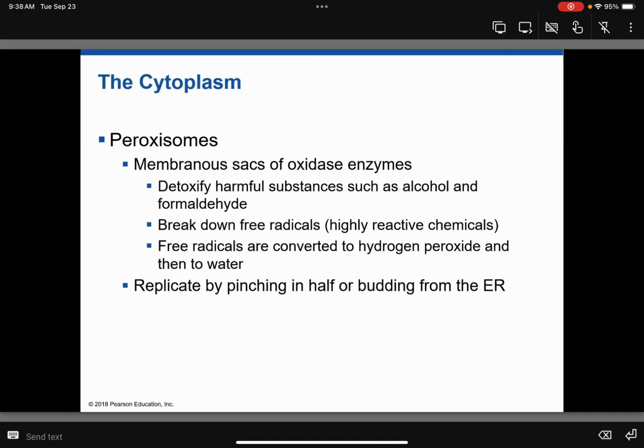So then you feel it as pain. But hydrogen peroxide is really good for getting blood stains out of clothing, because it will break down the actual blood cells that are there. And these replicate by pinching in half or budding from the ER.